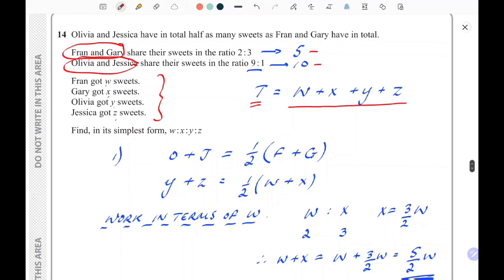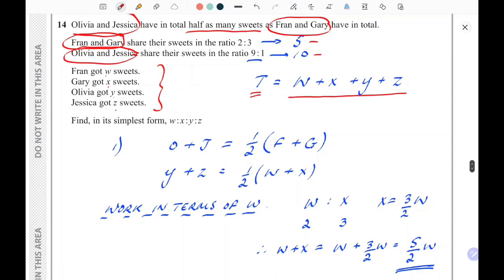All right. Now let's tackle the whole bit of information step by step, as I said earlier. And the bit that we're going to use first is the fact that Olivia and Jessica have in total half as many suites as Fran and Gary.